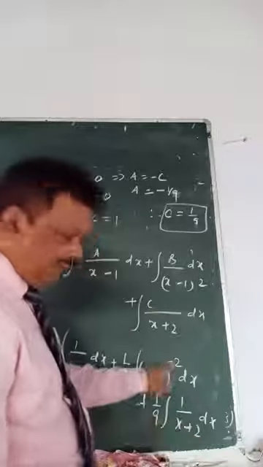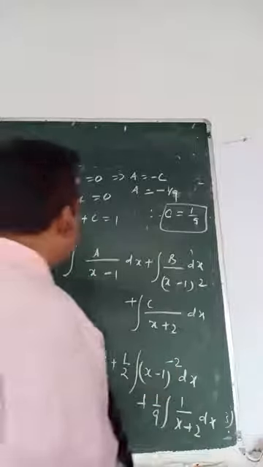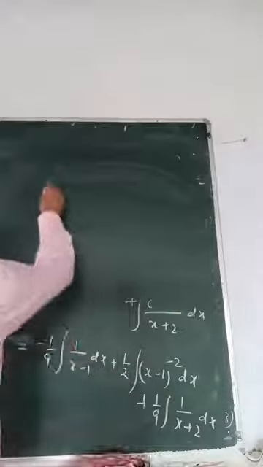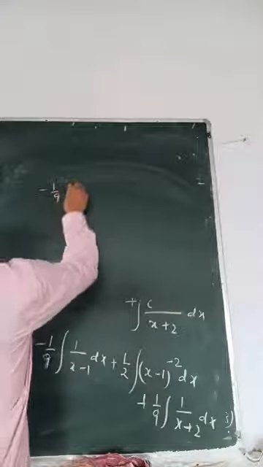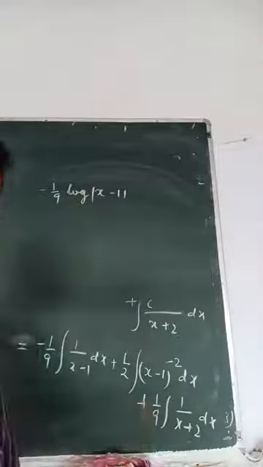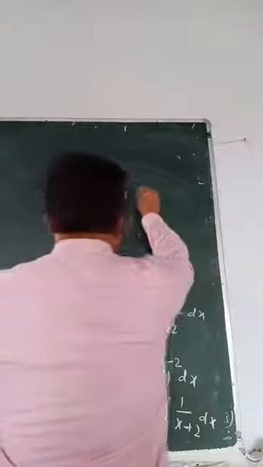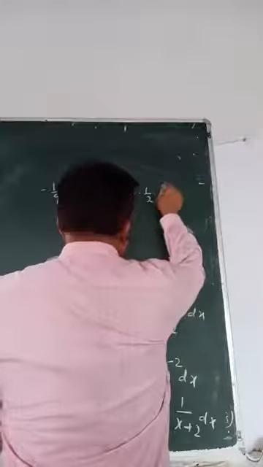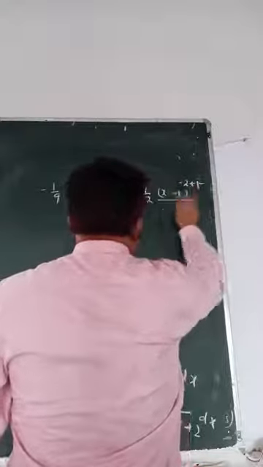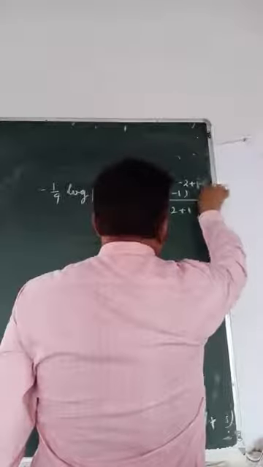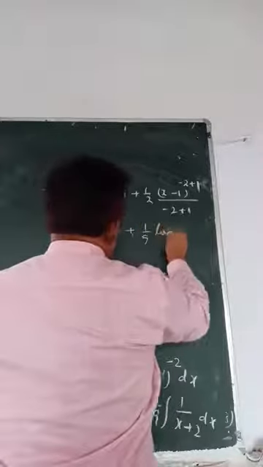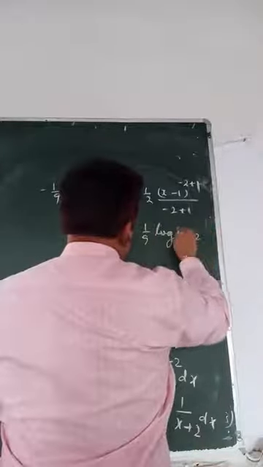Here is the nth formula. So minus 1 by 9 log x minus 1, plus x minus 1 to the power minus 2 plus 1, by minus 2 plus 1, then 1 by 9 log x plus 2.